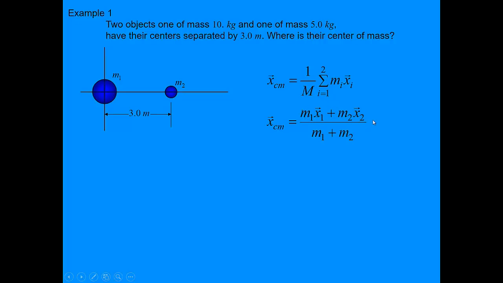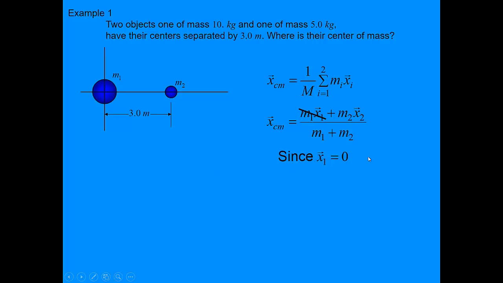I don't know how much summation notation you do in math these days. But i equals 1 to 2 means we're going to add up all the little m_i x_i pieces, and there are only 2 of them. Now, given the coordinate system I chose, are any of these m_i x_i's 0? Well, sure. m1 x1 is 0 because x1 is 0.